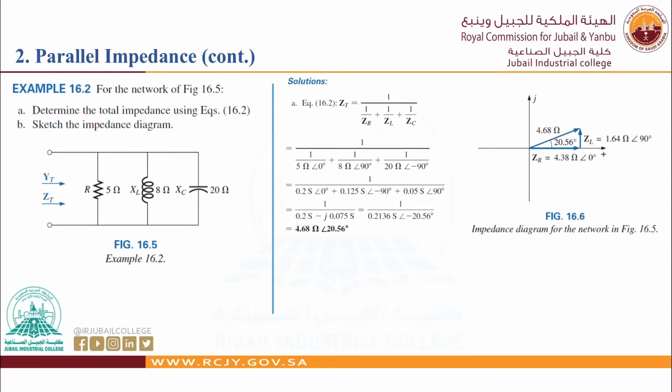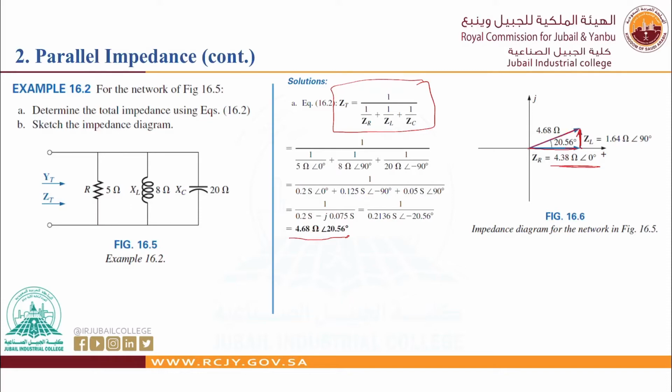Now for this circuit we have 3 elements. Just apply this formula, same as circuit 1, and you will end up with this total impedance. So here again the impedance diagram is ZR is 4.38, which is 0 angle, and ZL is 1.64 with angle 90, and this is the total impedance.